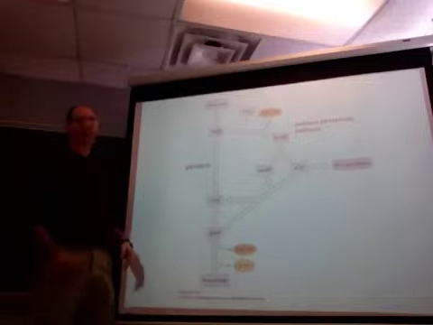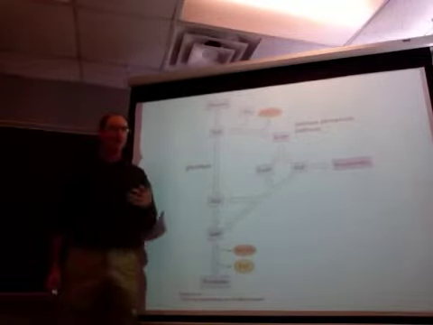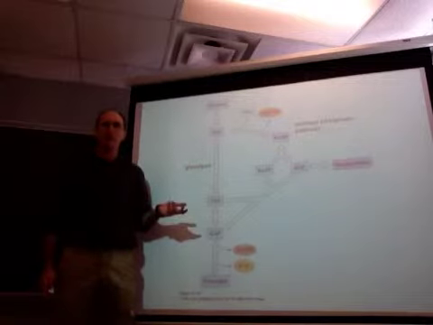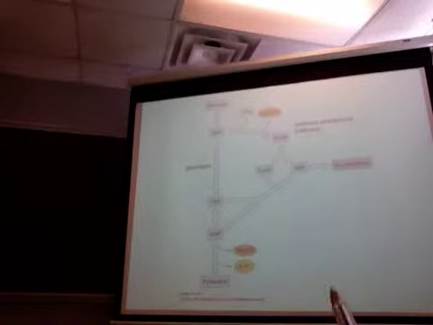Does anybody know what the other name for the pentose phosphate pathway is? Gee, I can't write it down anyway because there's no chalk in the room. It is the hexose monophosphate shunt.